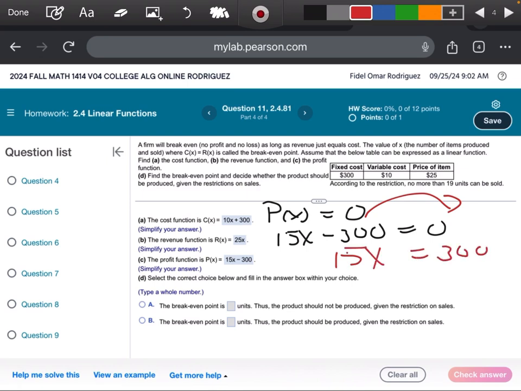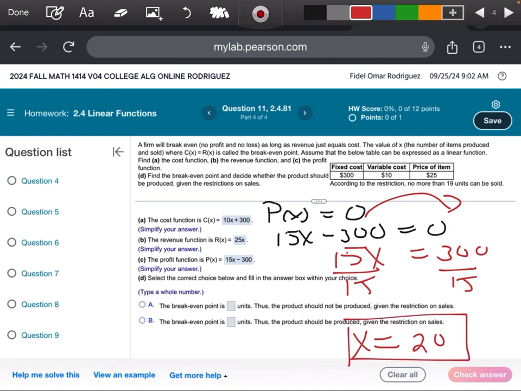We'll divide everything by 15. And 300 divided by 15 should be, what, 20? Okay, so y'all, we're coming up with 20. That means that we need to make and sell 20 water bottles just to break even. We would make a profit when we make and sell more than 20, okay?